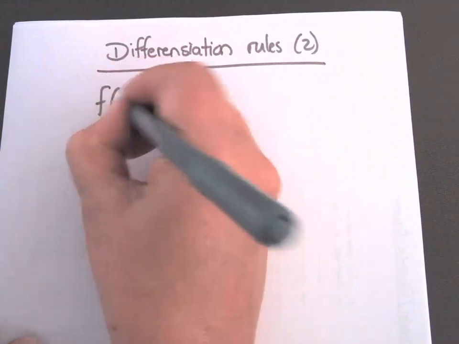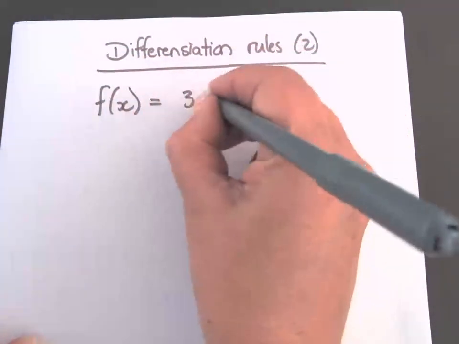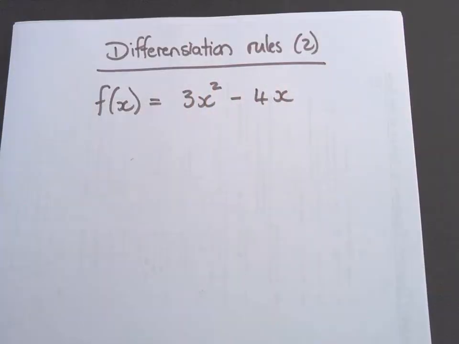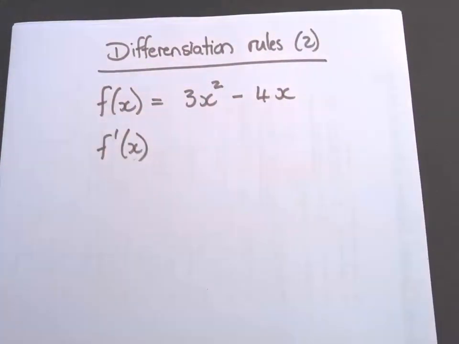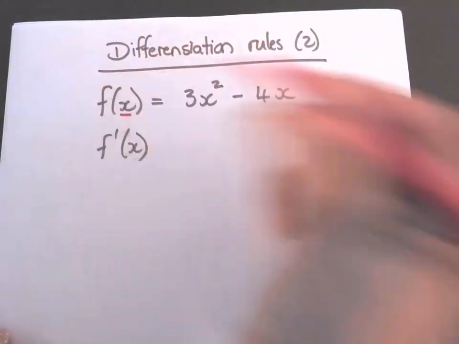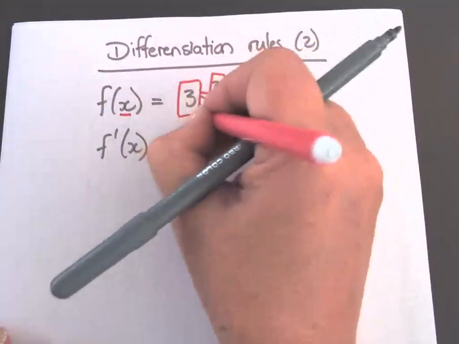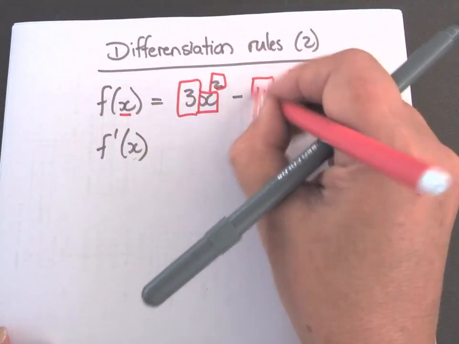I told you that if you have a function, let's say 3x squared minus 4x, and we need to differentiate that, you get the first derivative, but you must make sure that x has an exponent and a coefficient. An exponent and a coefficient.